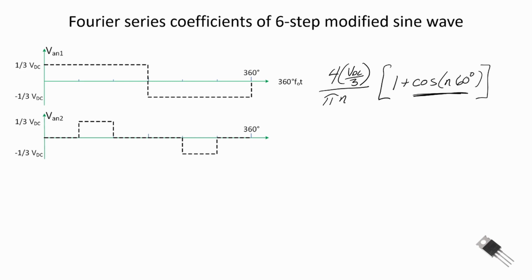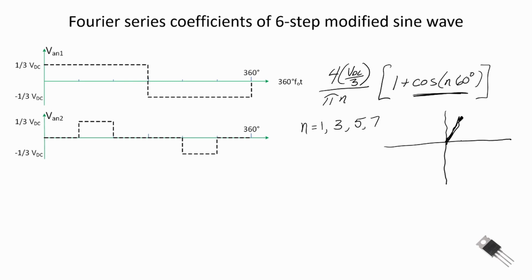And again, n is going to range from n equal to 1, 3, 5, 7. And so we are going to be cycling this n starting at 60 degrees. And I'm going to just put an imaginary axis here and show us at 60 degrees.